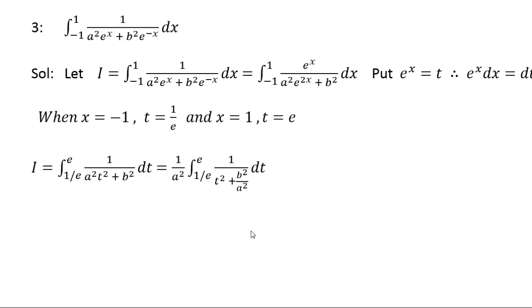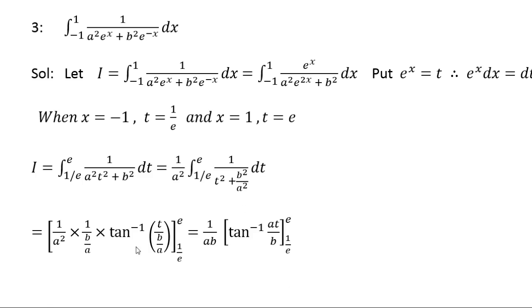Its integral is tan inverse x upon a. So 1 upon a into tan inverse x upon a. Here b upon a is playing the role of a. त्याकरता हा b upon a इथं आलेला आहे.